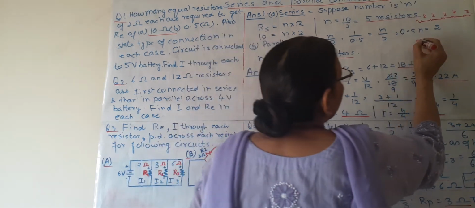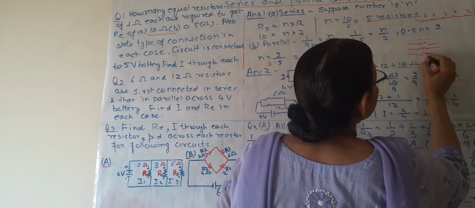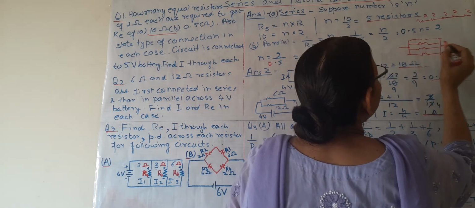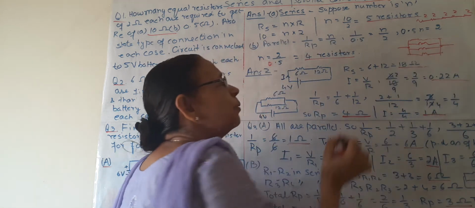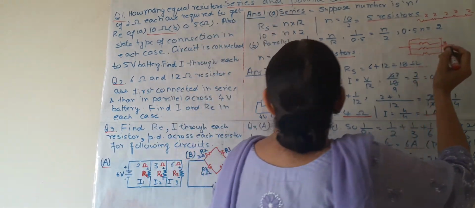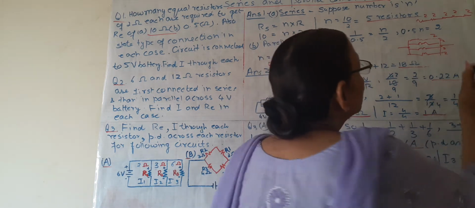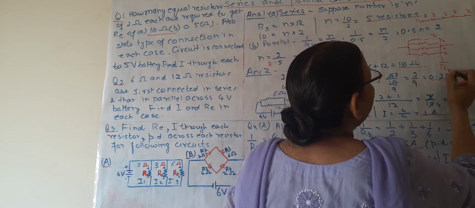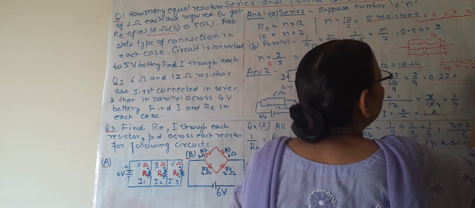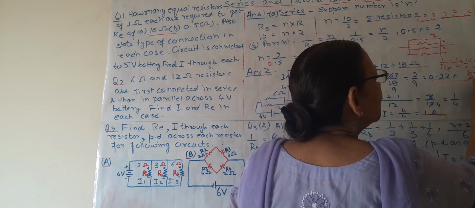We can check this. This is one resistor. This is the second. This is the third. This is the fourth. All are joined in parallel like this. The PD is the same between the 2 points. All are present, so they are parallel, and each has 2 ohm resistance. So total Rp will be 1 by 2 plus 1 by 2 plus 1 by 2 plus 1 by 2, 4 by 2 or 2. 1 by Rp is equal to 2 by 1.